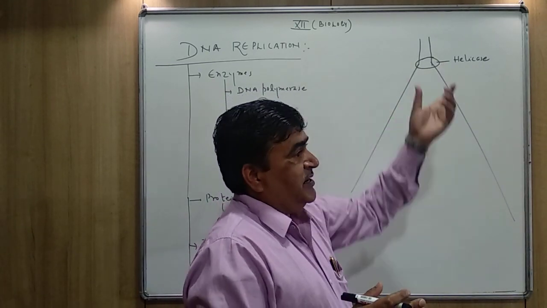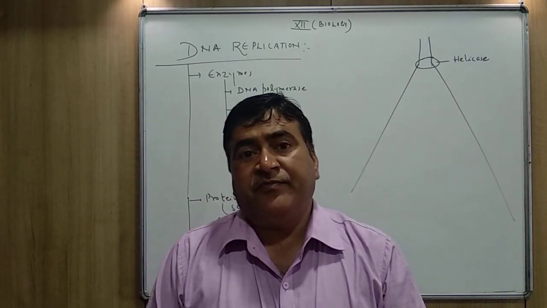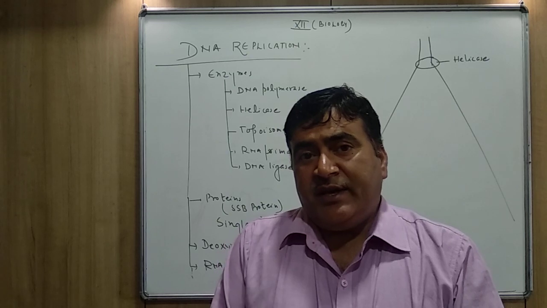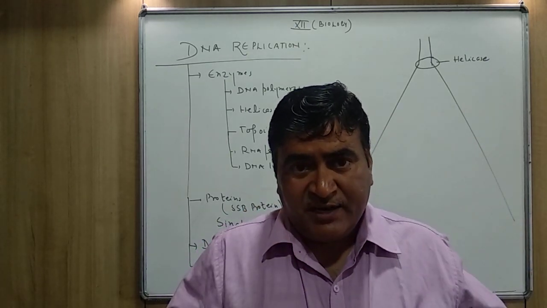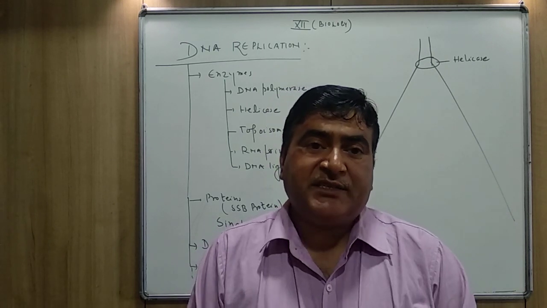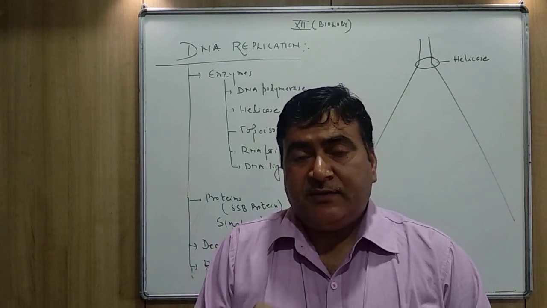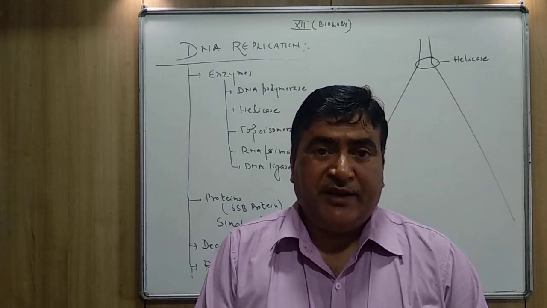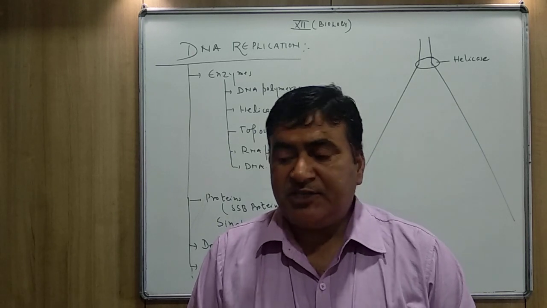When the duplex DNA, or you can say the double-stranded DNA, both are separated from each other, it forms a Y-shaped structure, and that is called the replication fork. And the replication fork is the place where the process of DNA replication is started.